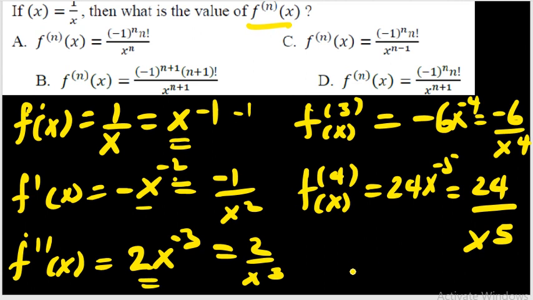Now see the order. The first derivative was negative, then positive, then negative, then positive. For every odd derivative, like 1 and 3, it's negative, but for even it's positive. So I can say negative 1 to the power of n will decide the sign. Which choice contains negative 1 to the power of n?